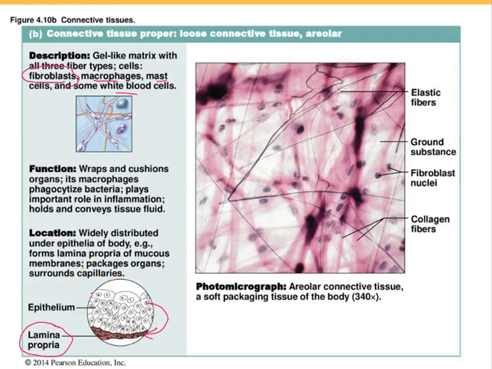But the best example is just under the epithelial tissue, where we can find the connective tissue proper, loose connective tissue, areolar connective tissue. So make sure you know lamina propria is the areolar connective tissue found under epithelial tissue of mucous membranes in our digestive tract organs, respiratory tract organs, and also urinary tract organs.